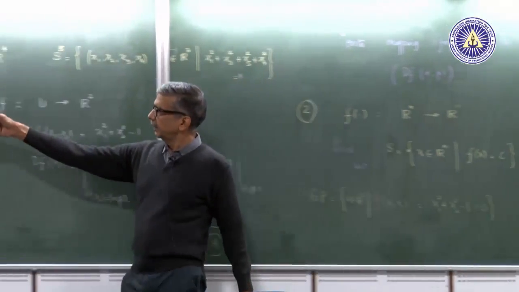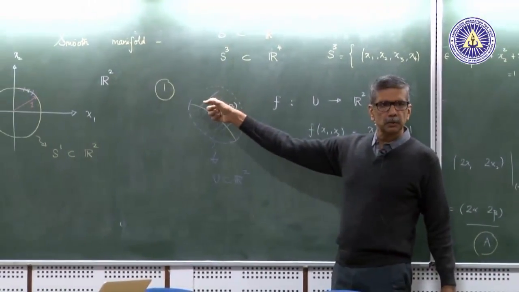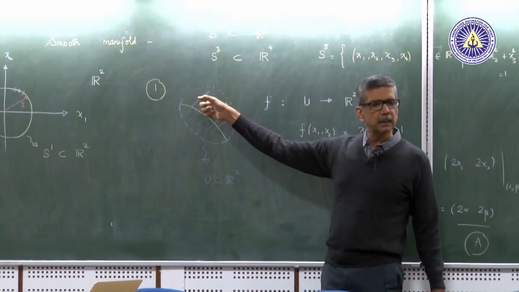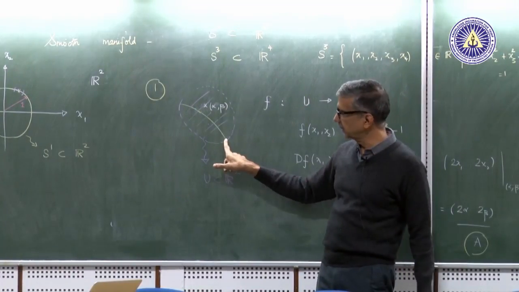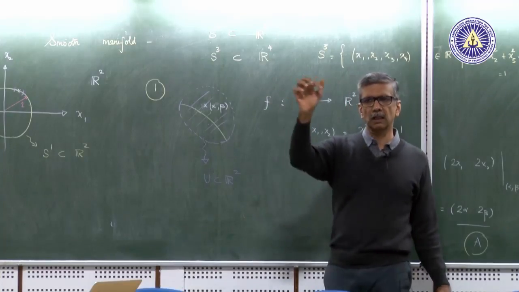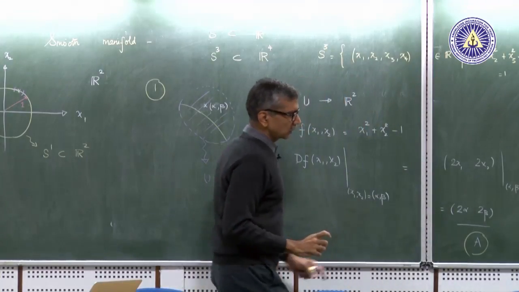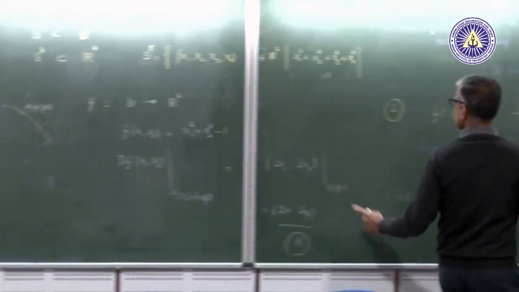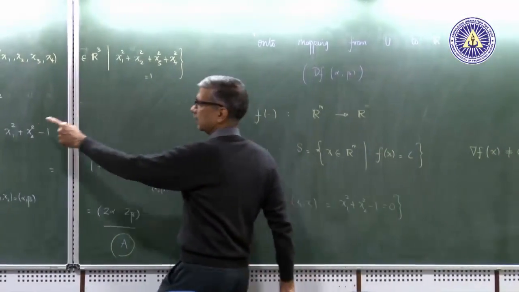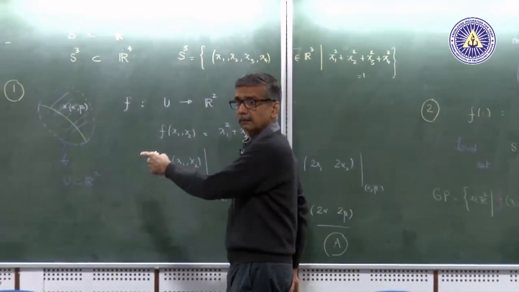For instance, if I evaluate x1 squared plus x2 squared minus 1 here, will it be 0? No, it will not be. It will be 0 only on this line, on this arc of the circle. So, the arc of the circle is a level set of this function that I have defined.